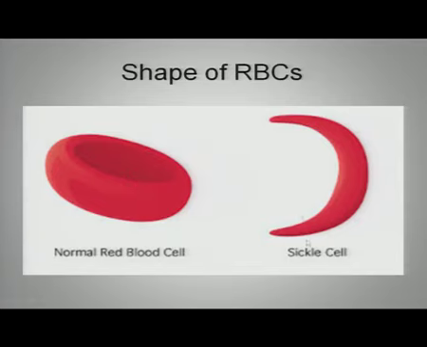Here you can see the change in the shape of the RBC. It is sickle shaped RBCs due to abnormal hemoglobin formation.